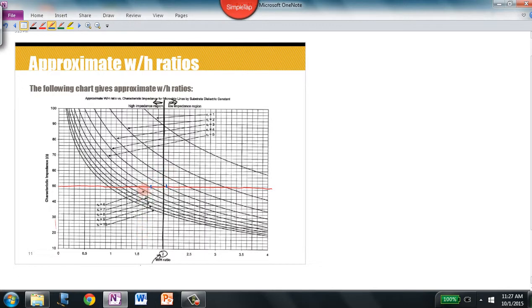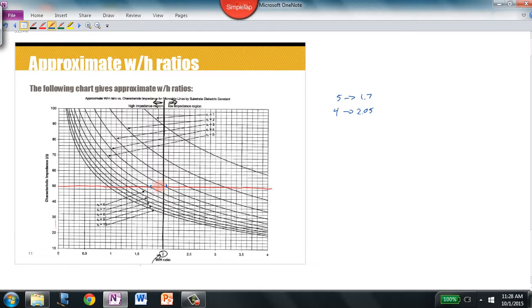I'm doing a little estimating here, but it looks like for 5 we've got a value of about 1.7, and for permittivity of 4 we've got a value of about 2.05, somewhere around there.